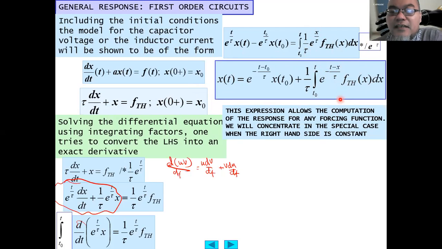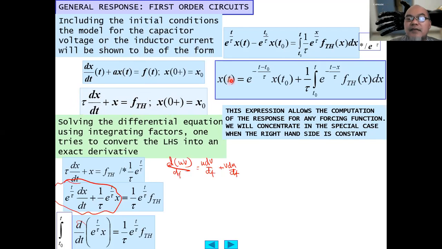So this is the general expression of the solution x(t) of this differential equation. When we derive the equation later from the circuit, depending on capacitance, inductance or resistor, we have to make the equation into this format, tau dx/dt plus x equals f(t), and the initial value of x at t0 is known.